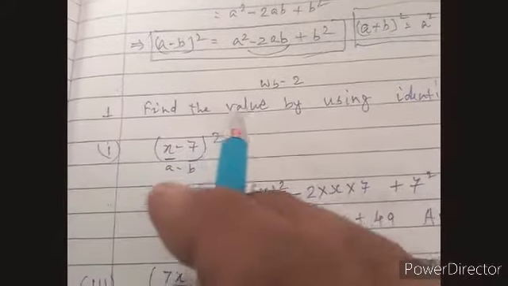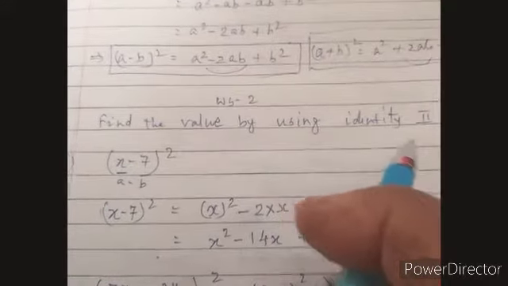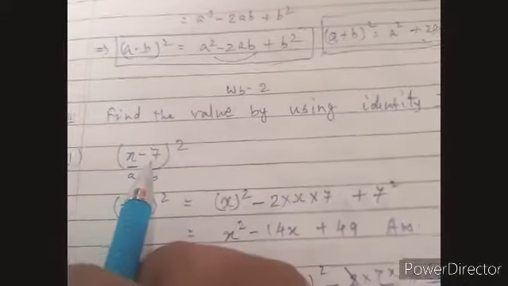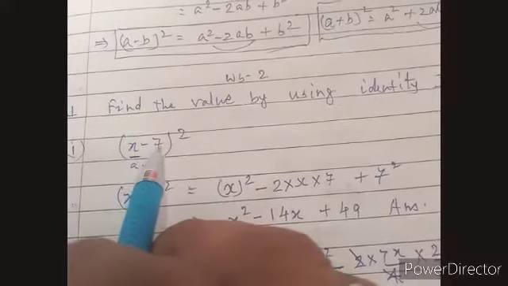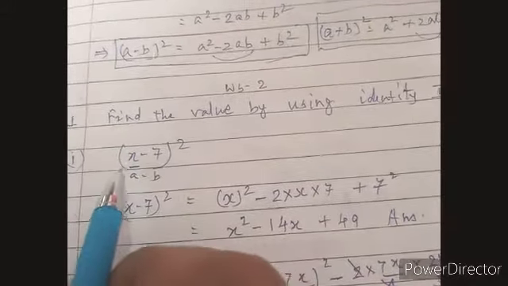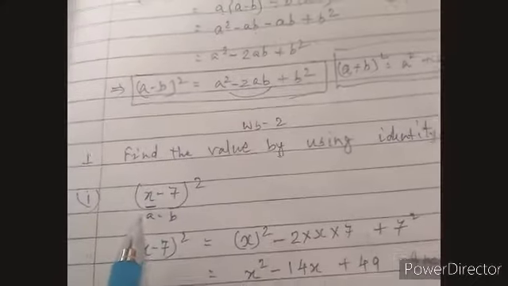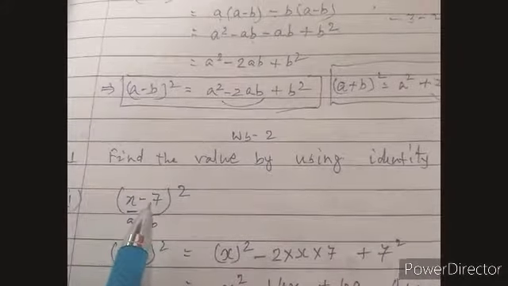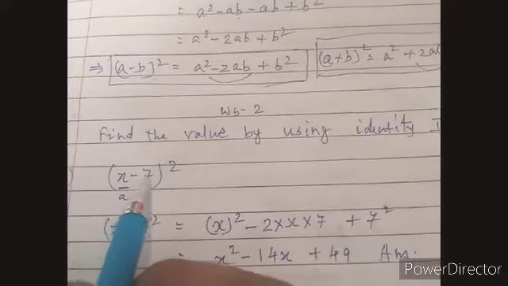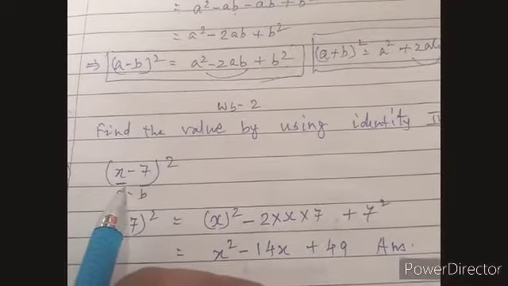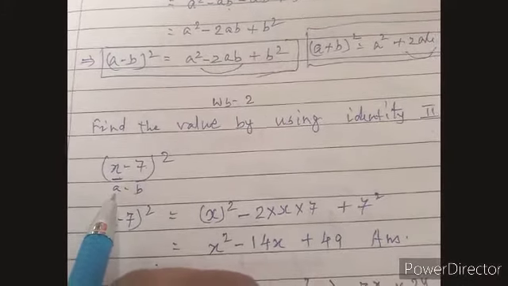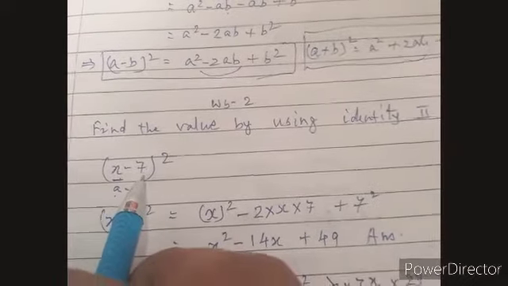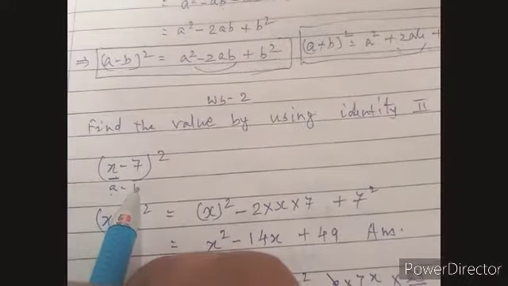First one is: find the value by using identity 2. The problem is (x minus 7) whole square. We have to see there are two terms only, x and 7. So x may be regarded as a and 7 may be regarded as b.